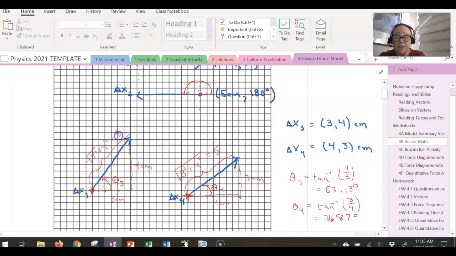Okay, so they have the same magnitude. They both are 5 centimeters long, but they're at different angles. So in polar notation, Δx3 would be 5 centimeters at an angle of 53.13 degrees, and Δx4 would be 5 centimeters, but at an angle of 36.87 degrees.